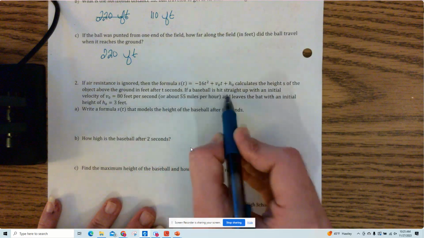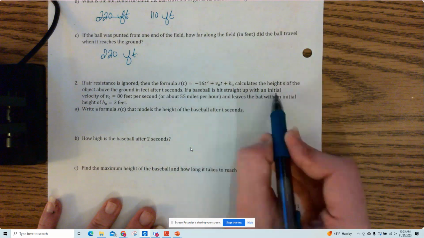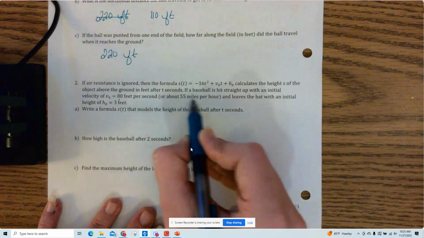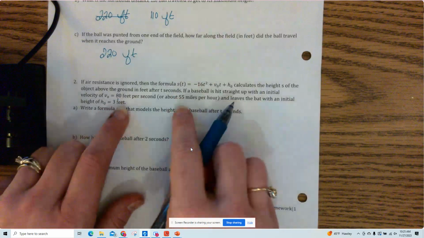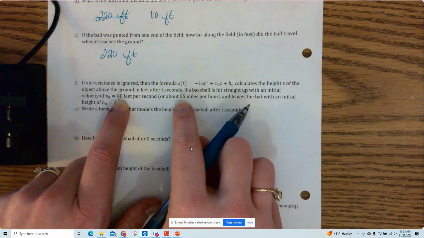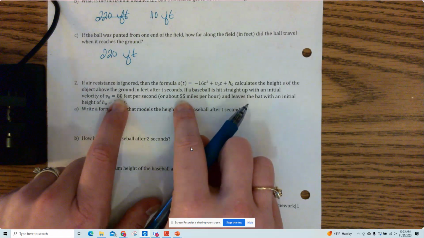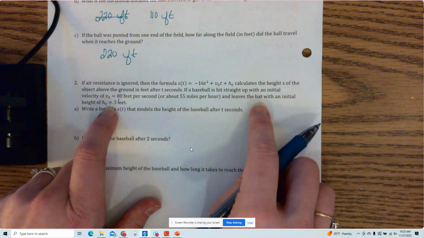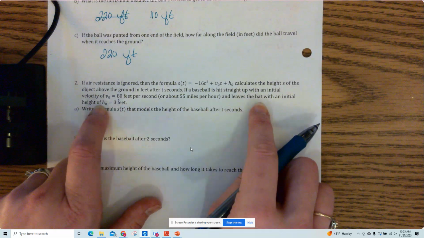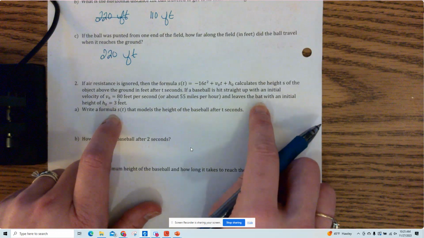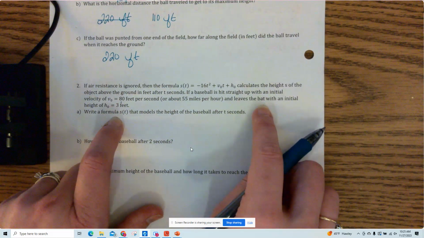If a baseball is hit straight up with an initial velocity, V of O, of 80 feet per second, or about 55 miles per hour. So again, that kind of shows you the comparison there. So for Keegan's, that's probably where we should have put it at, was more 80 than 20. And leaves the bat with an initial height of H of O, original height of 3 feet. Write a formula that models the height of the baseball after t seconds.